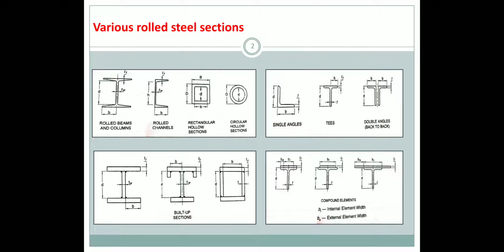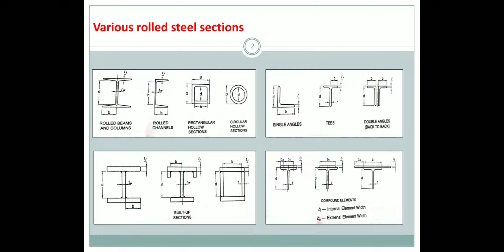First one is called rolled beams and columns, which is nothing but the I section. You might have seen that the I section is normally used for railway tracks.